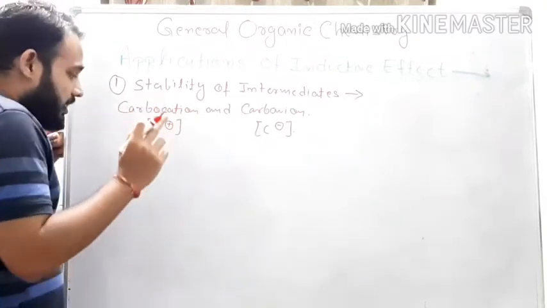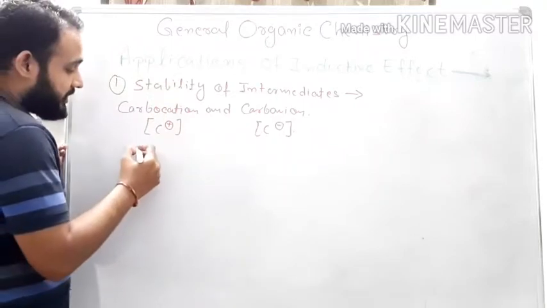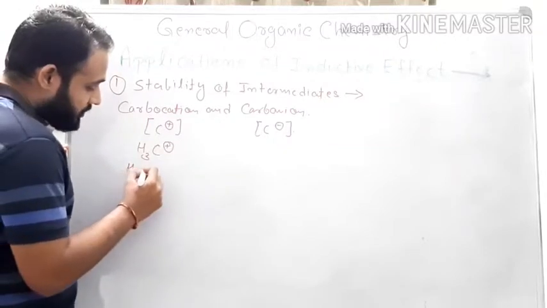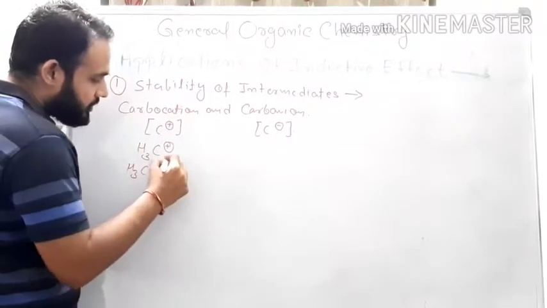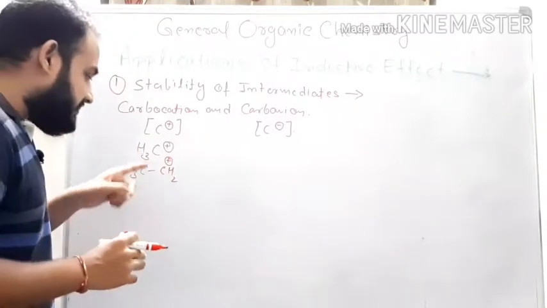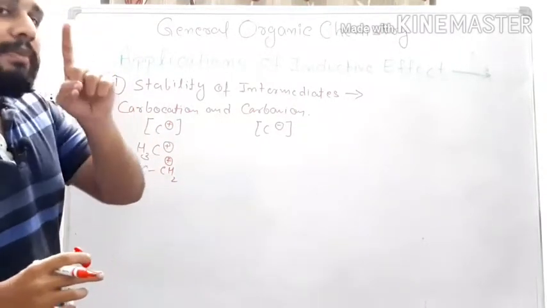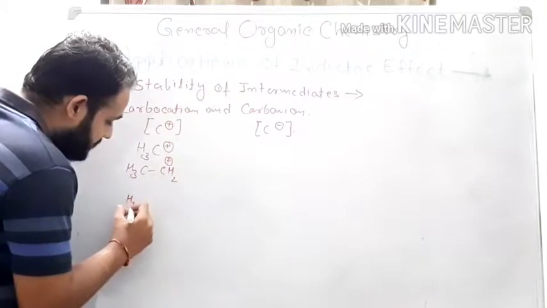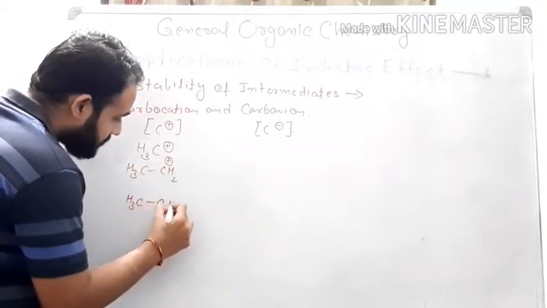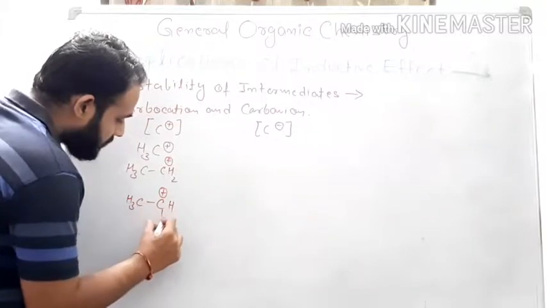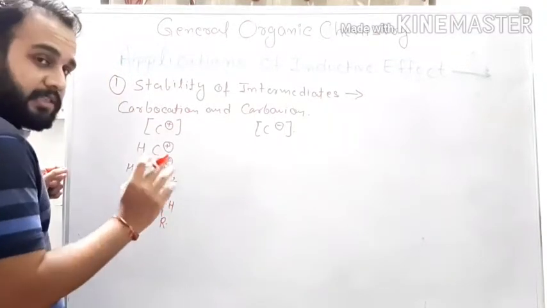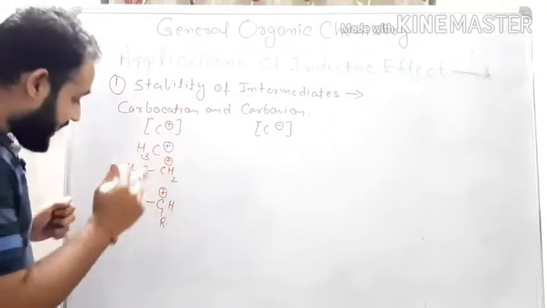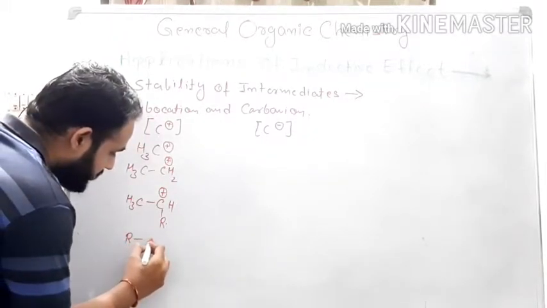effect? See, as you know, first we have the basic CH3 carbocation, then we have a primary carbocation. A primary carbocation is one in which the positively charged carbon is bound to a single carbon, and we have a secondary carbocation. Okay, these R groups vary. Not strictly CH3, another R group can also be bound to your carbocation, and the last one is your tertiary carbocation.